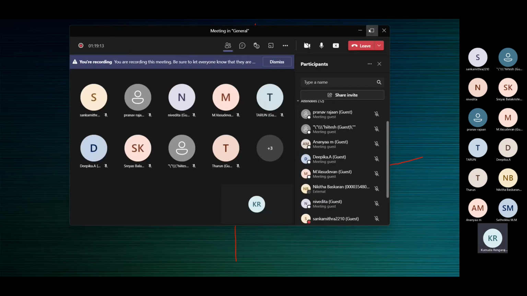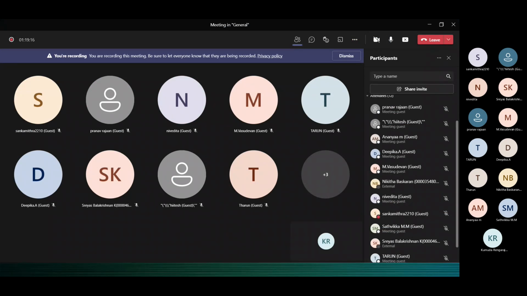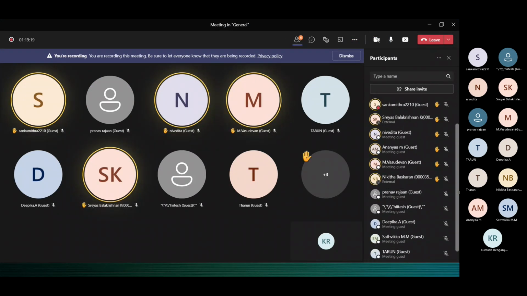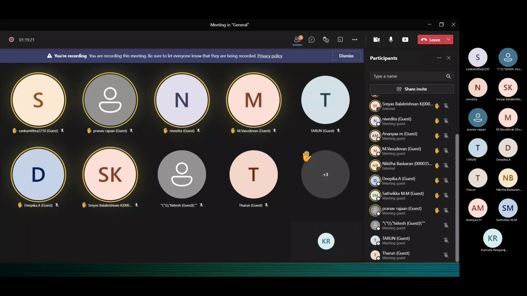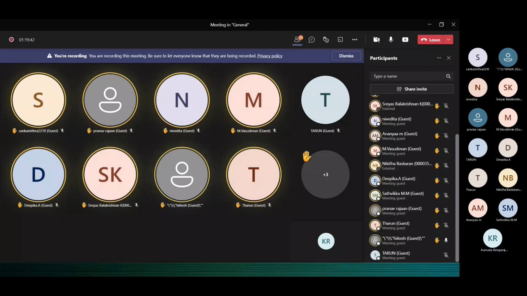Class, use the emoji. Raise your hand. Hitesh. Are you there, Hitesh? Yes, ma'am. And Tarun? Ma'am? Tarun, are you there? Yes, ma'am.